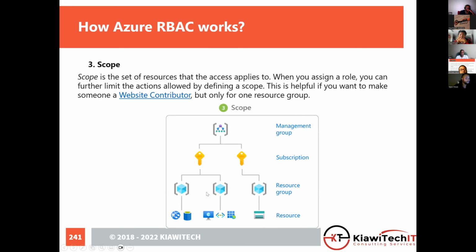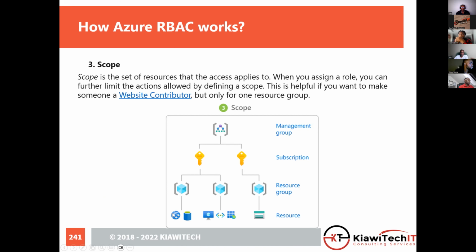Now, if I only want Michael to only be able to read this virtual machine, I cannot give him permission at this level, because once I give him permission at the management group level, he'll be able to see every virtual machine that is under this, all the subscriptions that are under here.